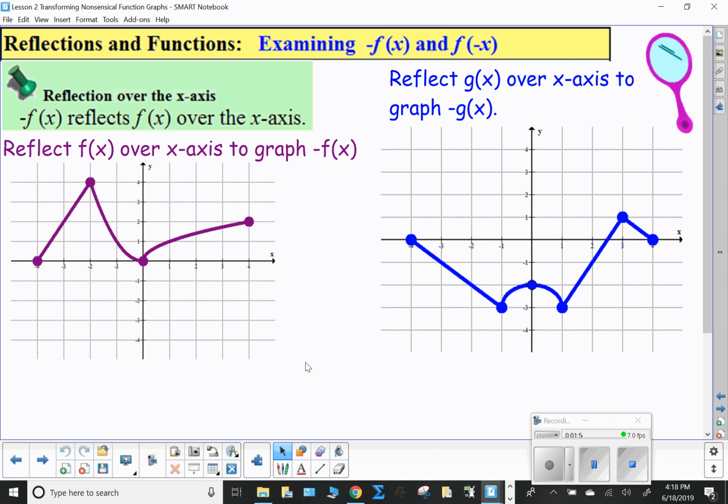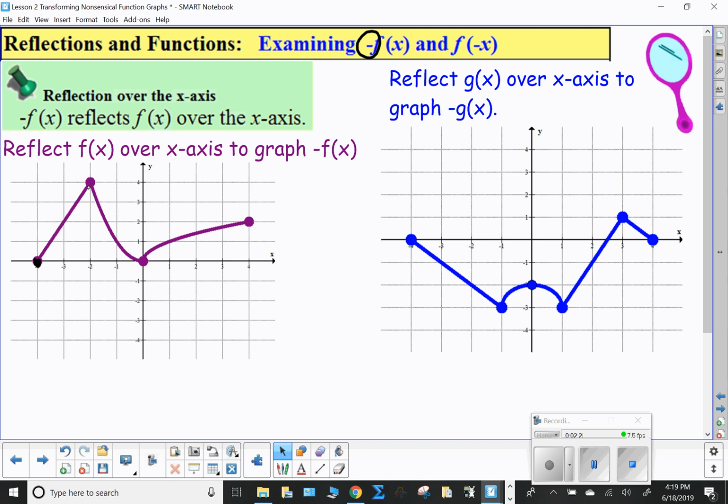First, we're going to look at what happens when you flip upside down. You know that you're flipping upside down when the negative is on the outside. When we talk about outside, inside the parentheses or outside the parentheses. So on the outside always affects the vertical positioning of the graph. So a negative on the outside says I'm going to flip it over the x-axis. Now if you're on the x-axis, you're going to stay on the x-axis.